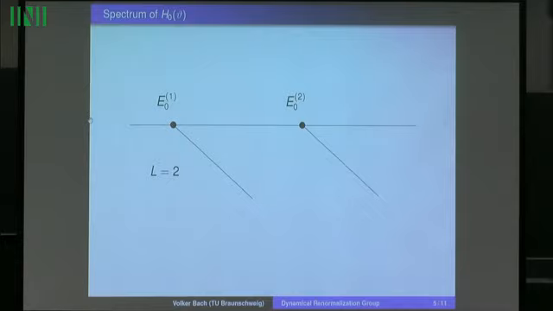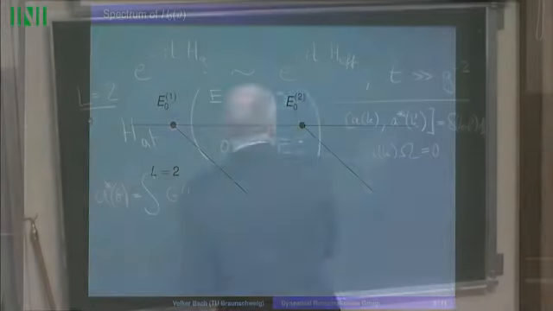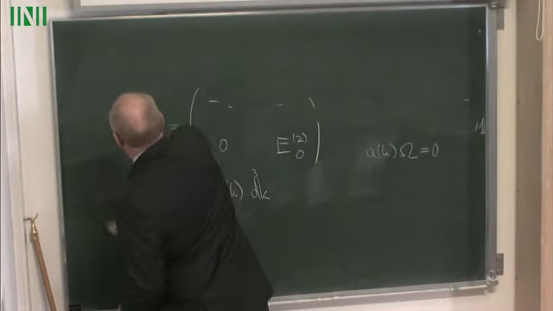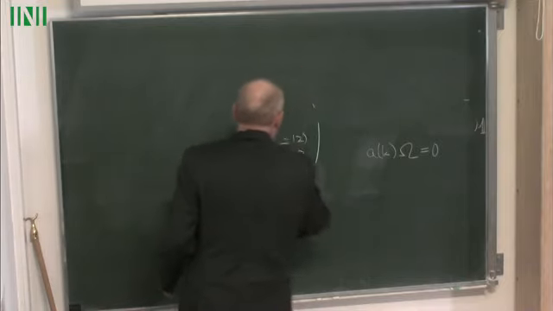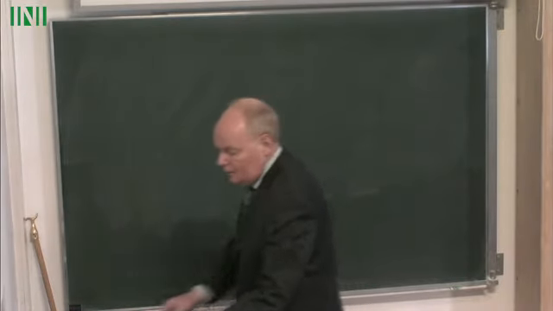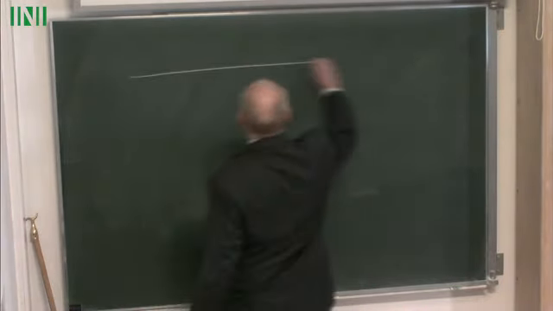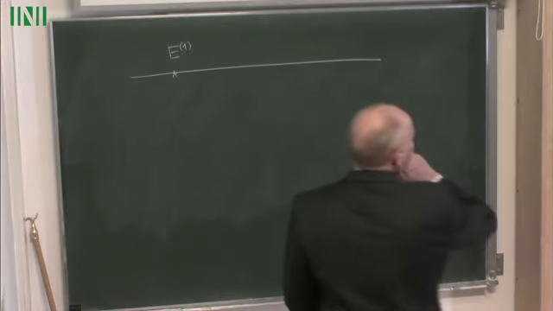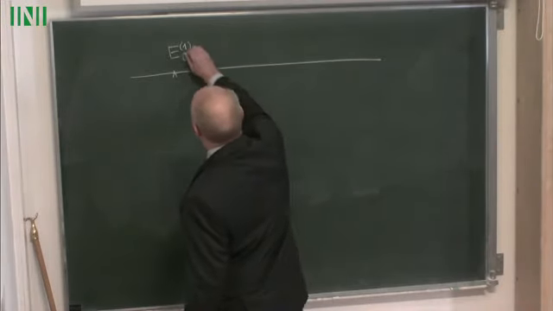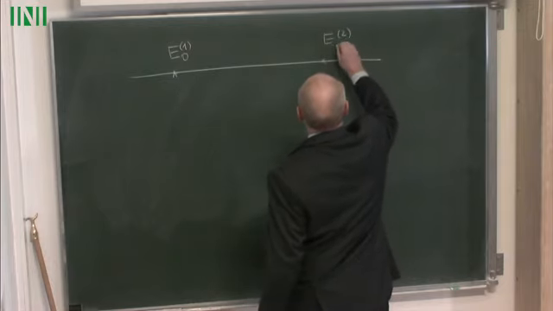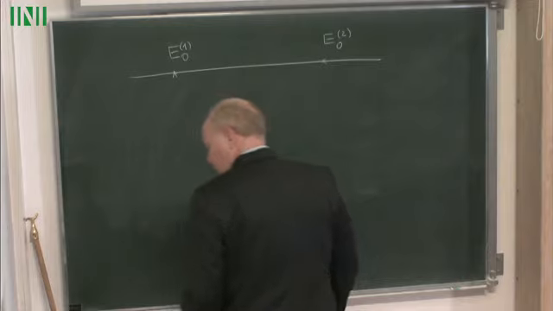We have two energy values, 2 atomic energies. So here is E1,0, and here is E2,0.